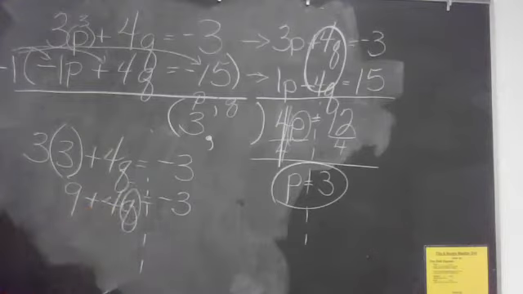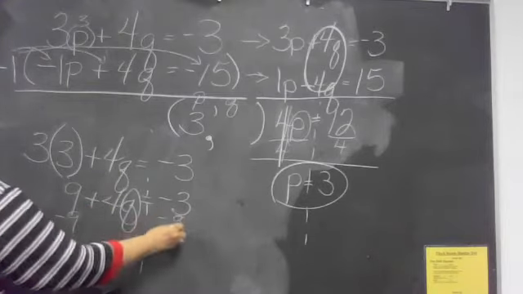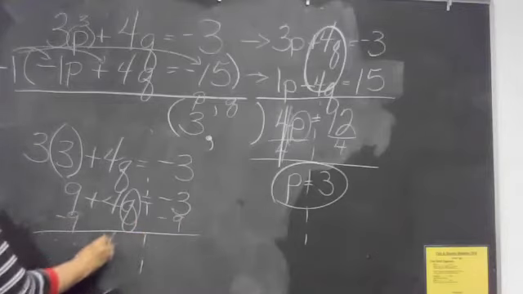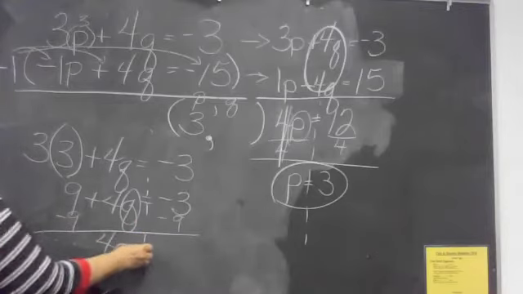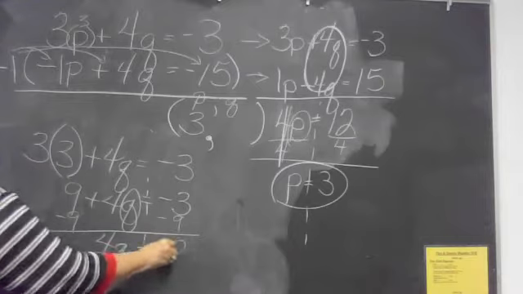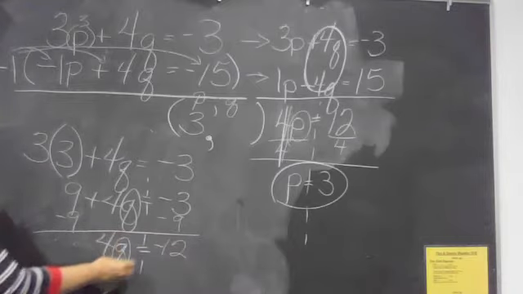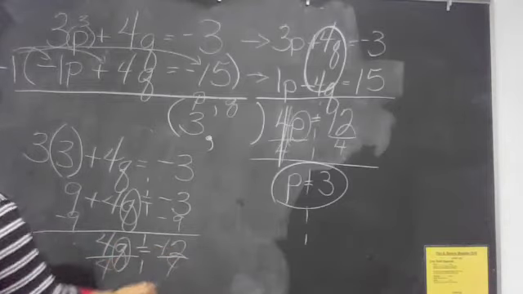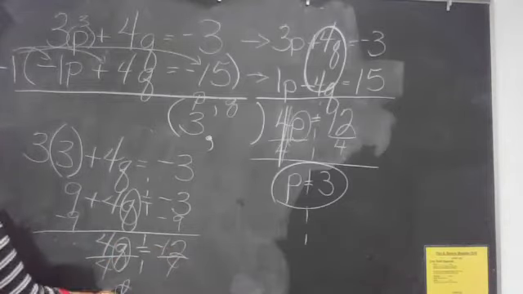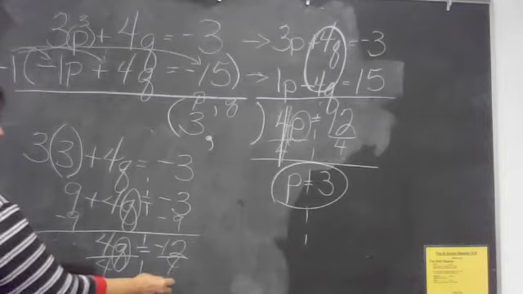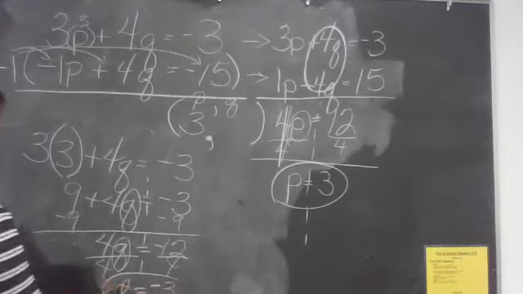I'm solving for Q, so I have to take away 9. I have 4Q equals negative 12. Solving for Q, I need to divide by 4. So I found out that Q has to equal a negative 3.